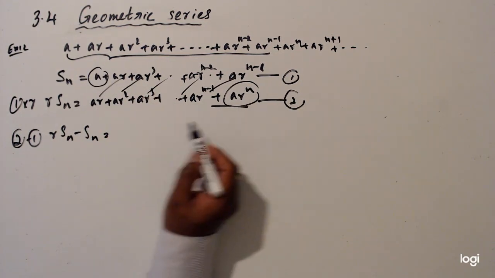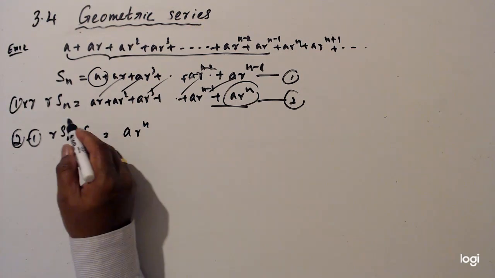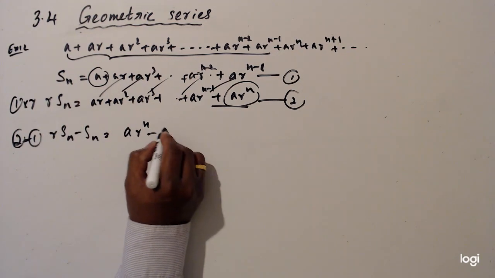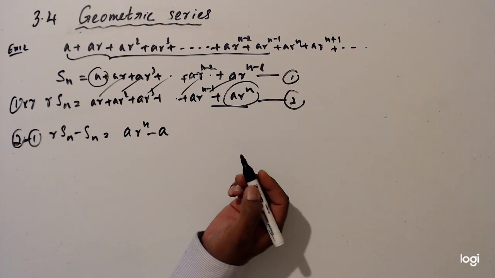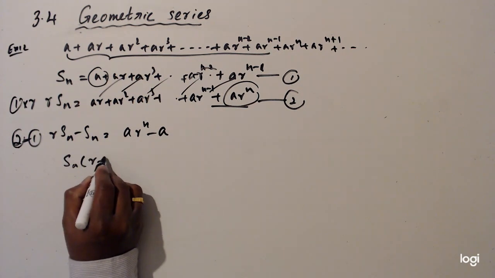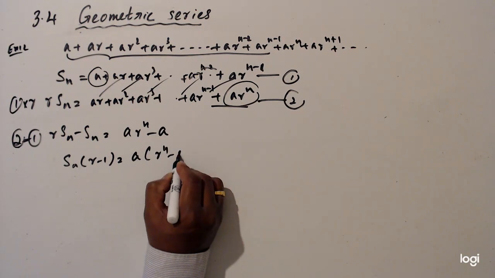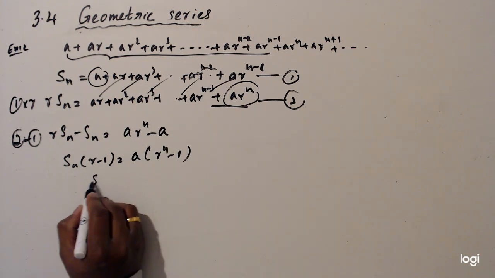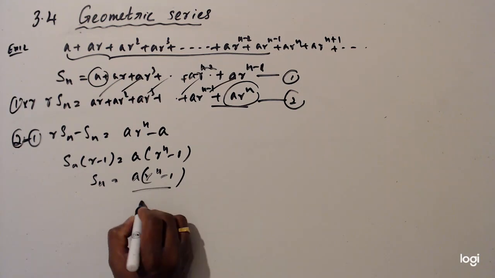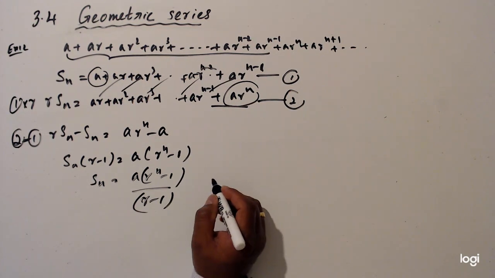So this is positive AR^n, and since we are subtracting here, this value is going to be negative A. Now we factorize R minus 1, and factorize here A(R^n minus 1), and divide by R minus 1 both sides.